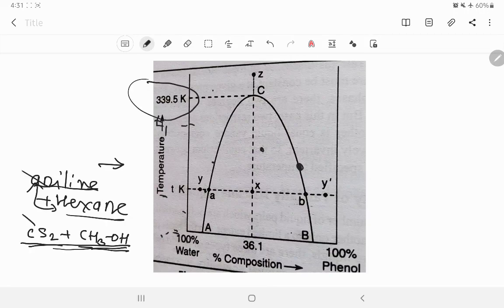Upper CST is different for a different system, but it is characteristic of that system. In case of phenol-water system, it is exactly 66.5 degrees Celsius. In case of aniline and hexane, the value is different. It is 332.6 Kelvin, slightly less.